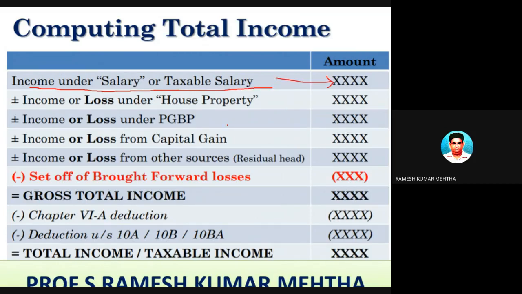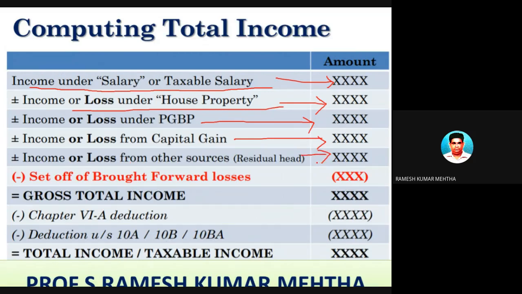Next is house property income or loss. Third is profits or gains from business or loss under the head profits or gains from business. The fourth is capital gains, whether short-term or long-term. And finally, income from other sources.